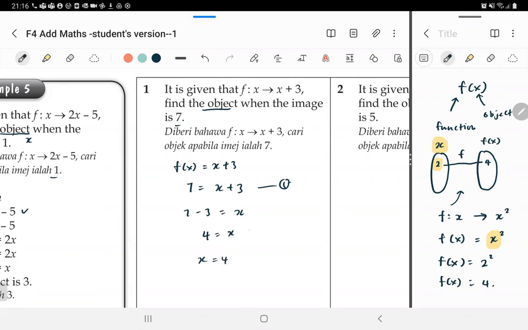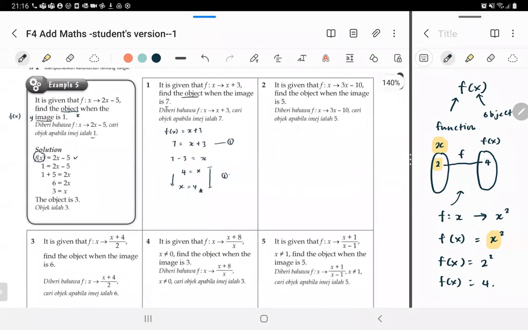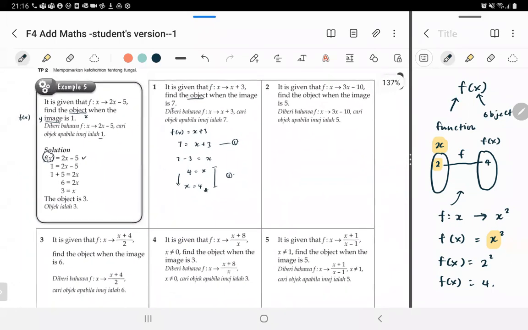Both are accepted, yeah? 1 mark as the final answer. It depends on your school teacher's requirement. If your school teacher emphasizes very much that you must put the x in front, then you will need to change the positions and write it as x equals 4. Okay, you try these few questions, number 2 to number 5.